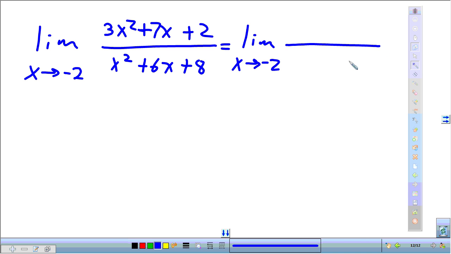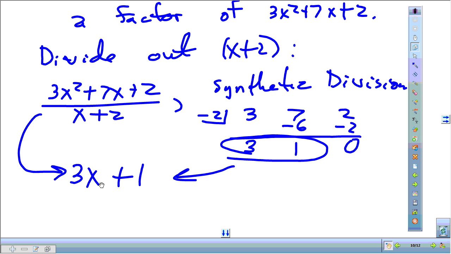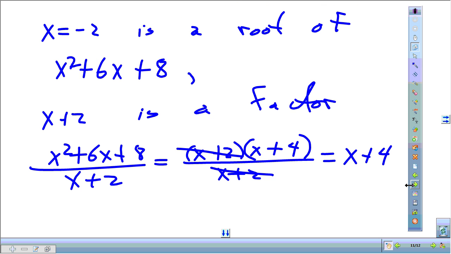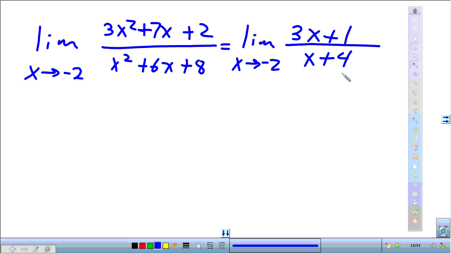I knew what to factor out or divide in each case and have reduced it to the result of those divisions. For the numerator, I ended up at 3x plus 1. In the denominator, x plus 4. So, except at the value minus 2, the expressions I'm looking at are equivalent.